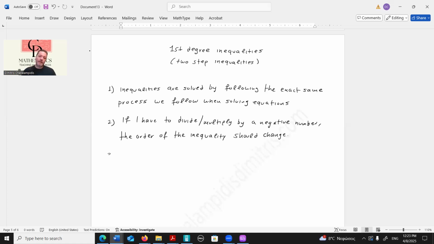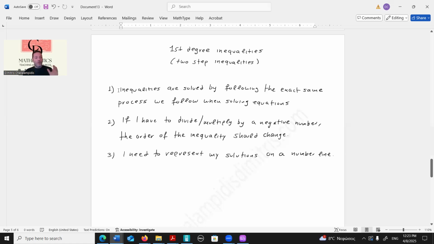And finally, I need to represent my solutions on a number line.